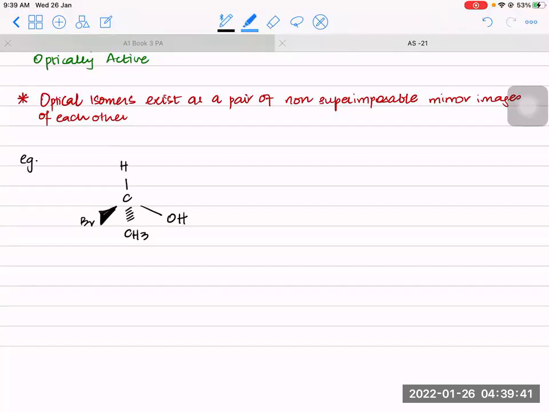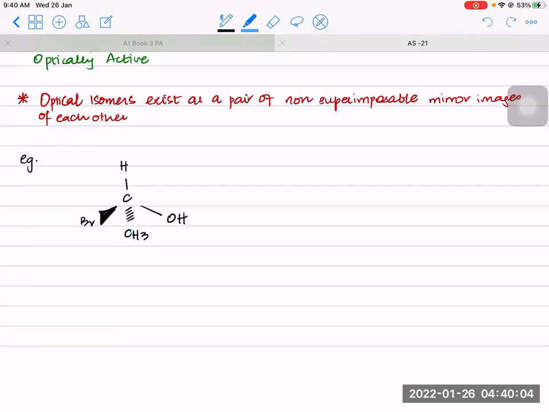Now, if you look at this carbon, you don't just look at the central carbon, you look at all the carbons. If there is any chiral carbon, that will show optical isomers. You have 2 carbons here. This carbon has 4 single bonds, but it has 3 hydrogens. Yes, all 4 are not different. So can this be chiral?